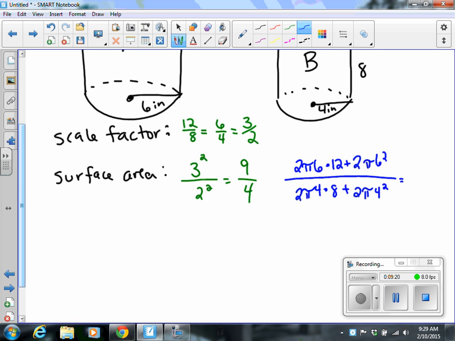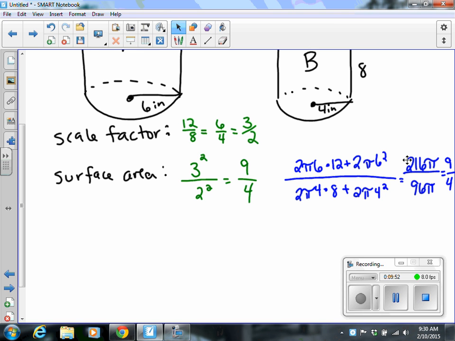When I calculate this, I get 216 pi over 96 pi. When I reduce 216 over 96, I get 9 over 4. Notice it's the same thing, but if you find your scale factor, you don't have to go through all the work of the surface area formulas.